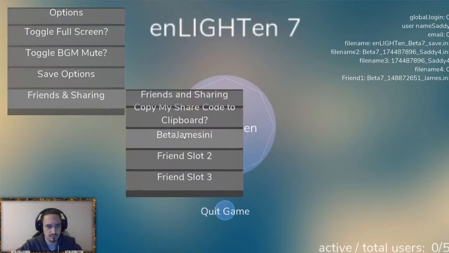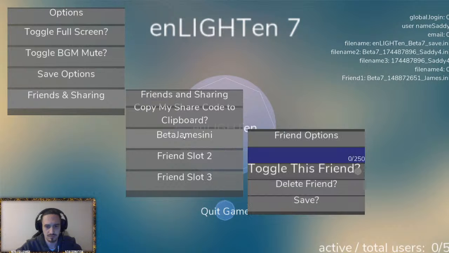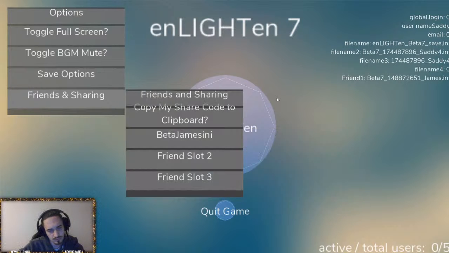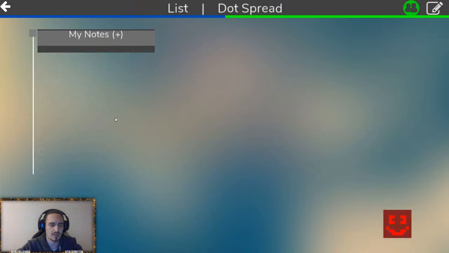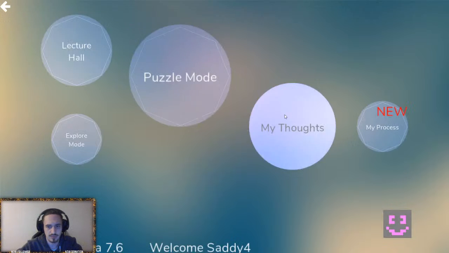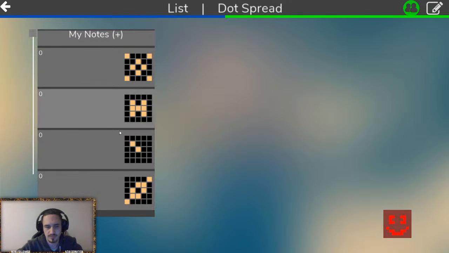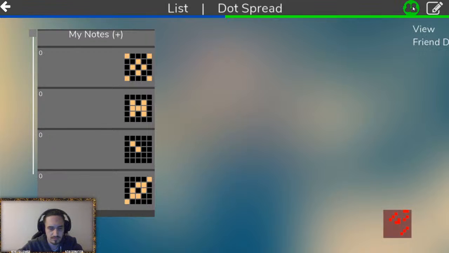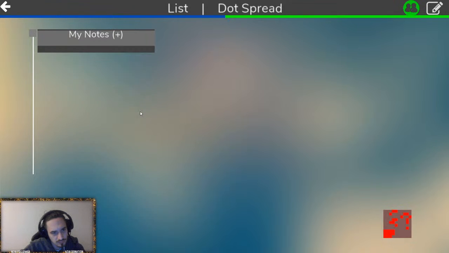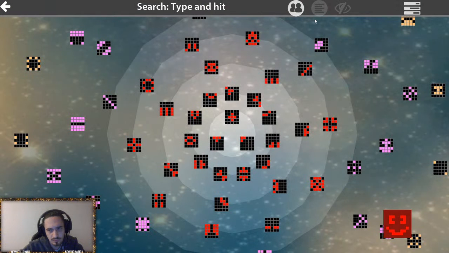You can go to my thoughts and see their notes, or go to the level select and click that little friend icon. Then you hit the little friend thingy and scroll up and down.